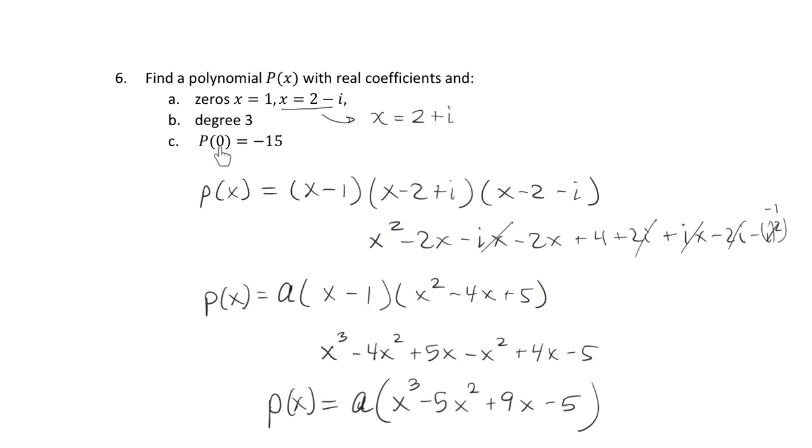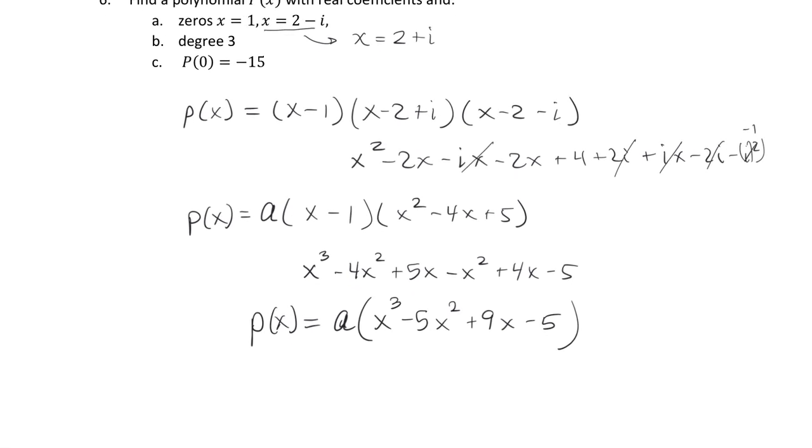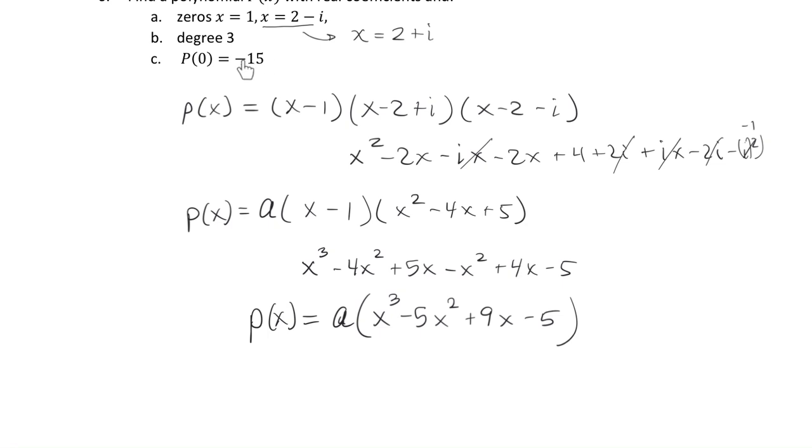And this is where this comes into play now. When x is equal to 0, the polynomial should equal negative 15. Right now, without this a, if all the x's were equal to 0, then the only thing left would be negative 5. So to figure out the value of a, we're going to plug this negative 15 in for p of x and 0 in for all of those variables.